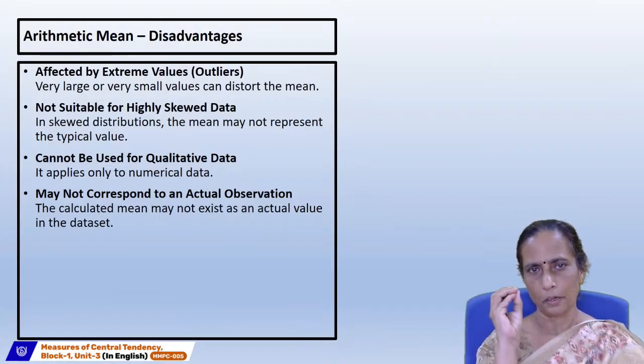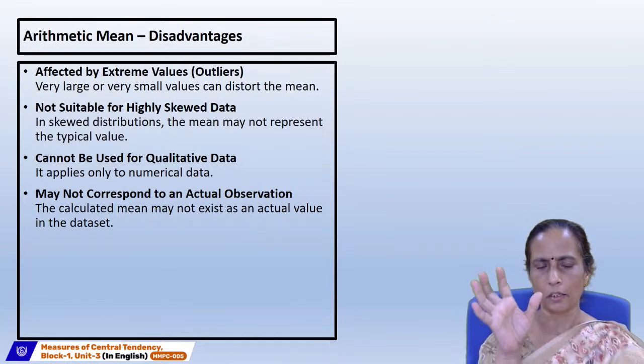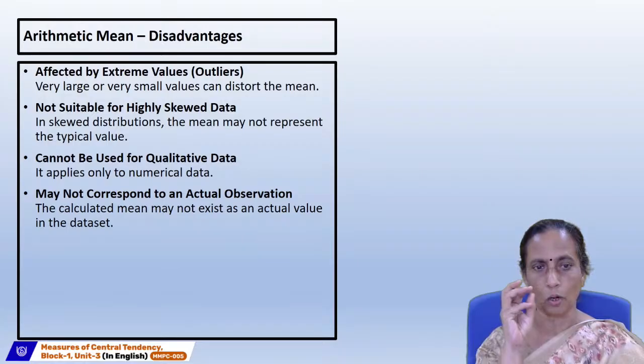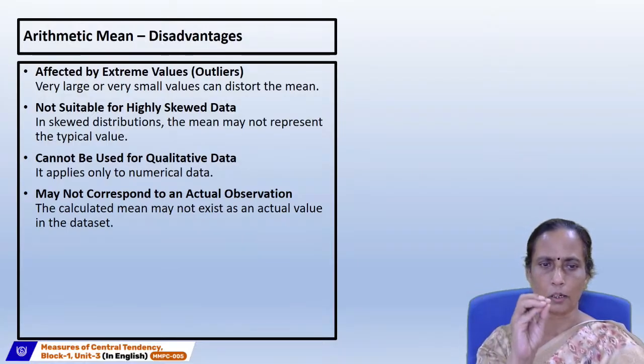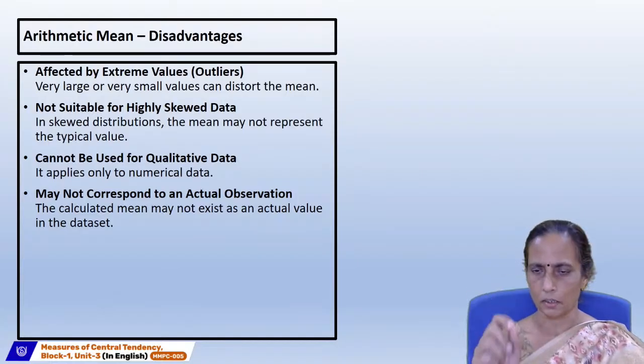If the data can be represented numerically, then only can you apply the arithmetic mean, else it is not possible. And it may not correspond to an actual observation. The calculated mean may not exist as an actual value in the data set.